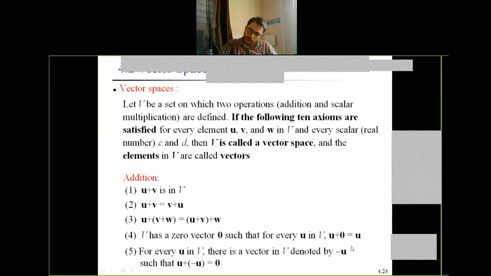This we have seen under a name in this lecture only. Please tell me in the chat box. I'm pointing by mouse: u plus 0 equal to u. This we have seen under the name of... please confirm in the chat box.